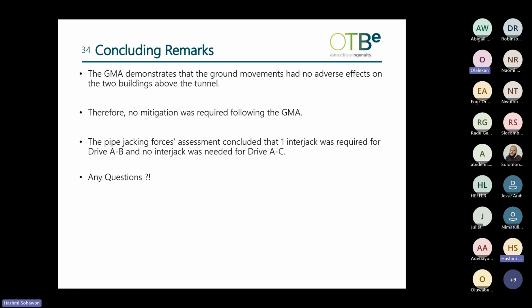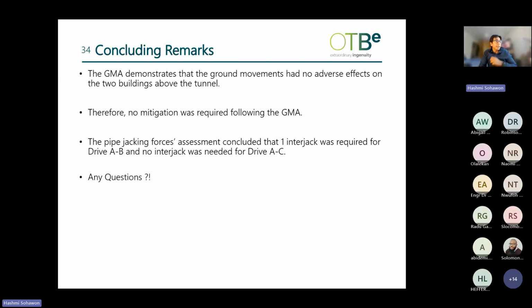So to conclude, the GMA that we performed demonstrated that the ground movements that we were encountering due to the shaft construction and tunnel construction had no adverse effects on the 2 buildings. So we didn't require any mitigation following the GMA, because there was no damage to be expected to the buildings.